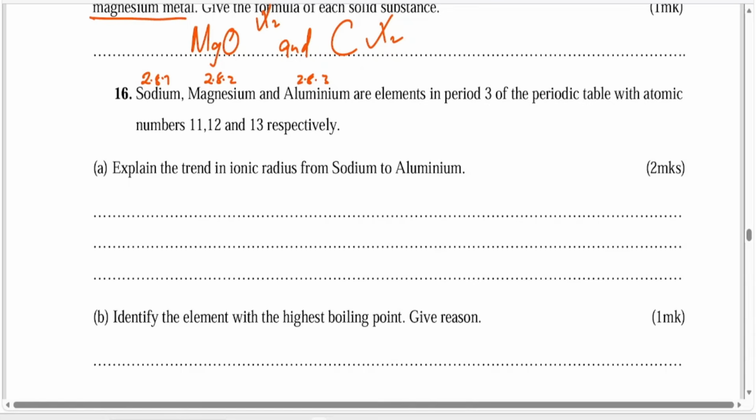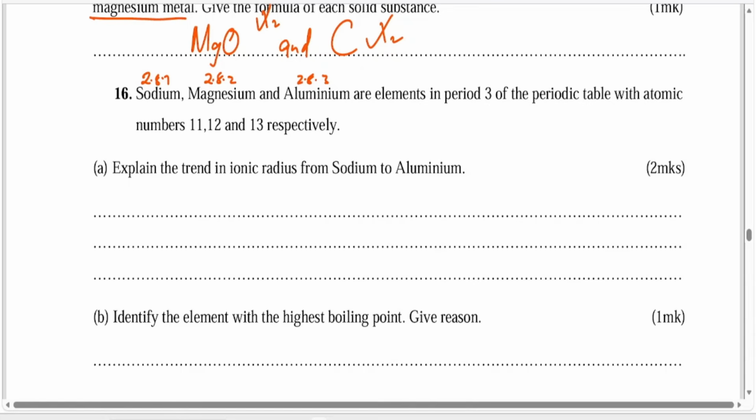An increase in the number of protons increases the nuclear charge, and this makes the atomic radius decrease across the period, from sodium to aluminium.